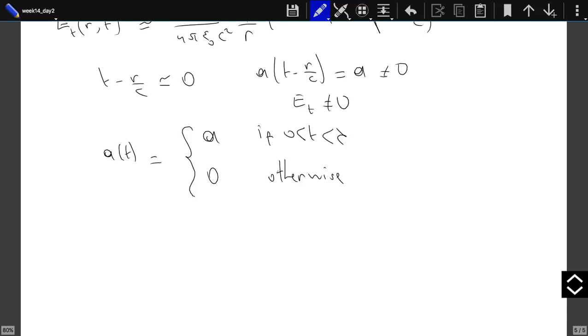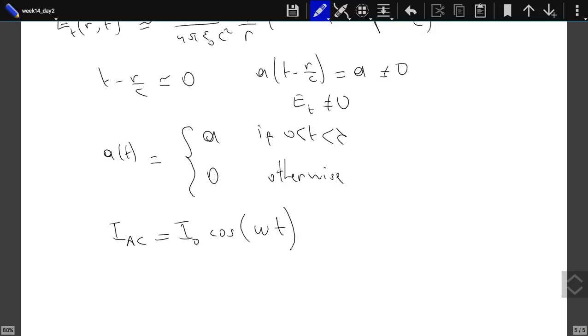Now let me do one more step. What if the acceleration of the object is more complicated? Again, we had studied RLC circuits where we have the alternating current. What happens in the alternating current is that the current just changes its shape. The AC is equal to, let's say, I0 cosine omega t.